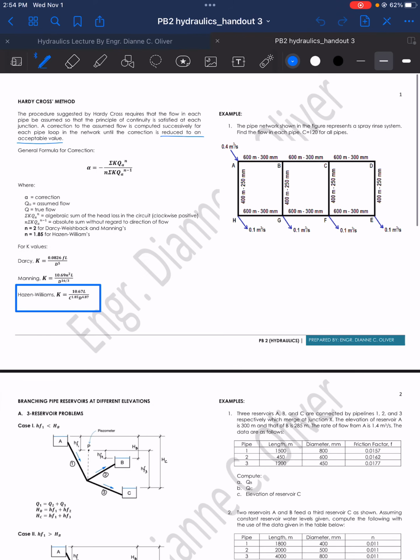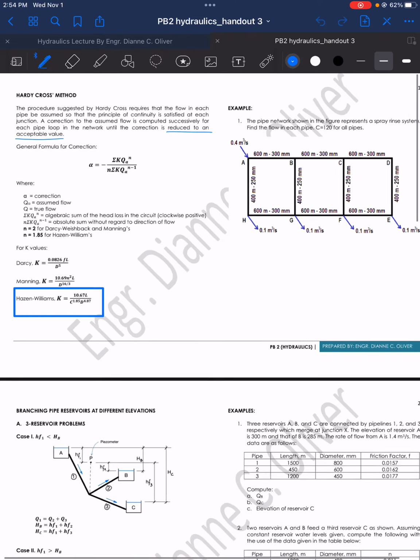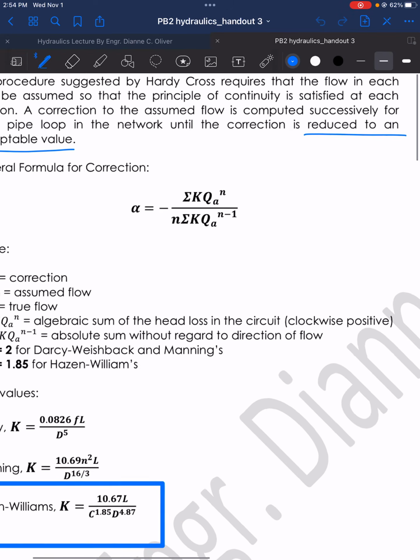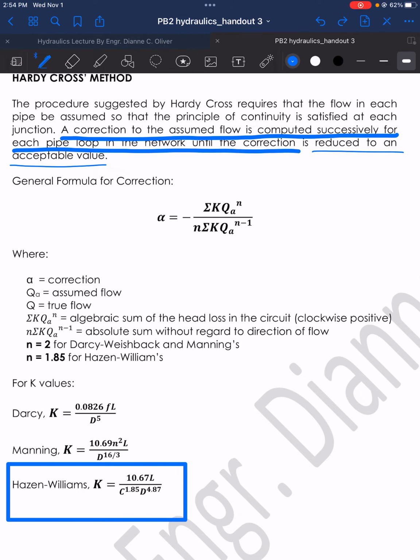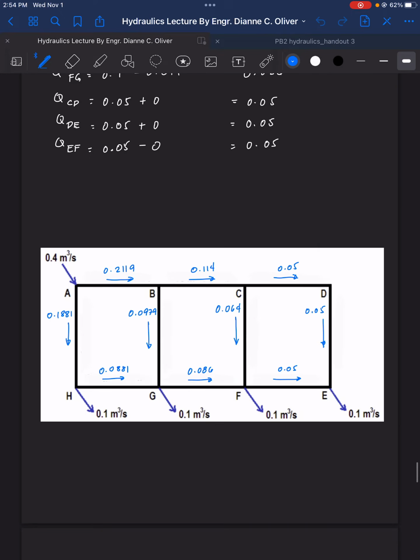Now, according to our handout, it says here, the statement is, a correction to the assumed flow is computed successively, the word is successively, for each pipe loop in the network until the correction is reduced to an acceptable value. So it means we can actually recompute this one using all these values here.